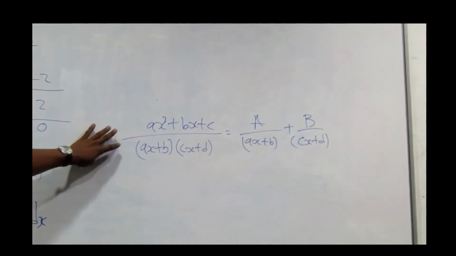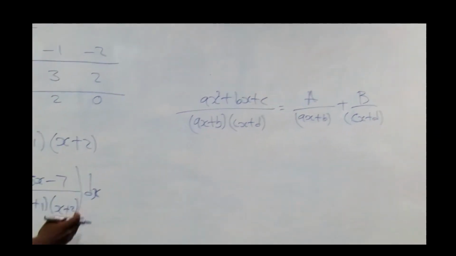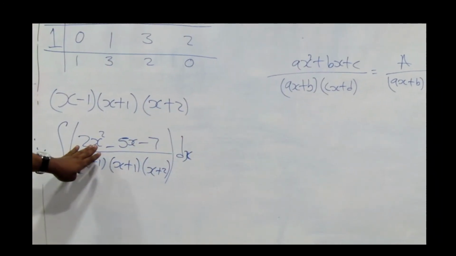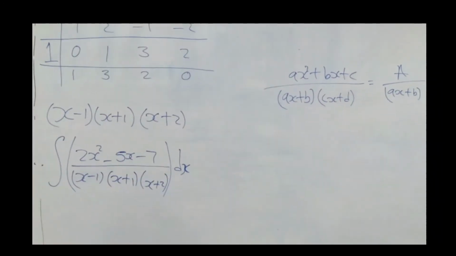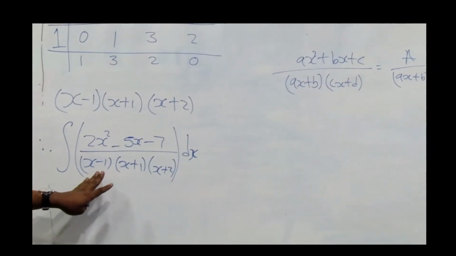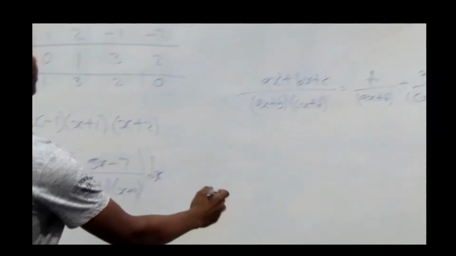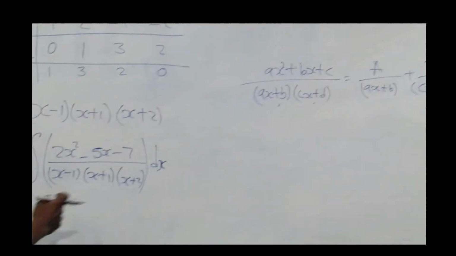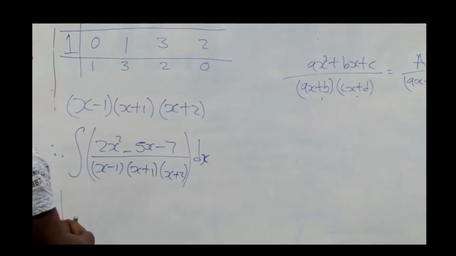Meaning, by applying this into this equation, our ax squared plus bx plus c is 2x squared minus 5x minus 7. Then our function below is this factorized equation, which we can presume is x minus 1, x plus 1, and x plus 2.